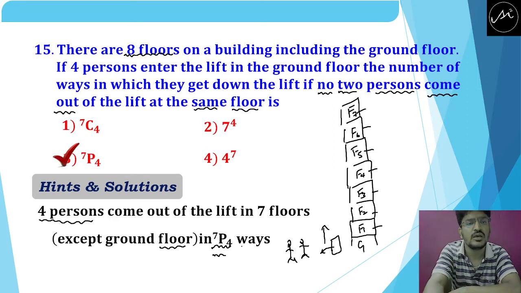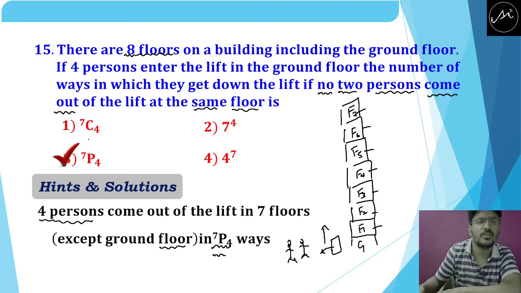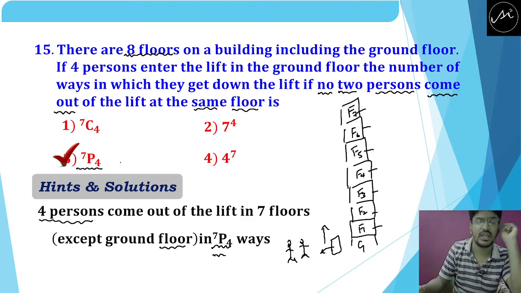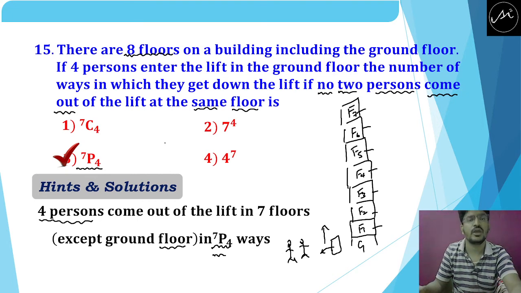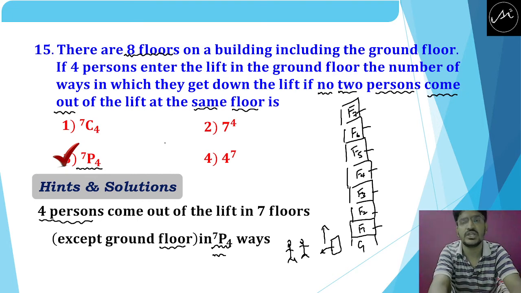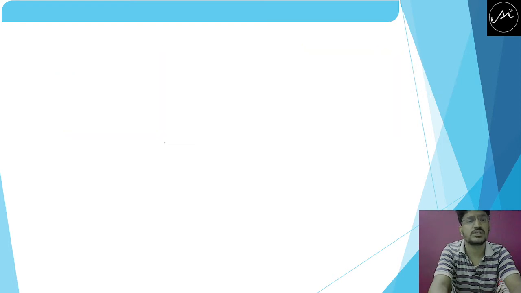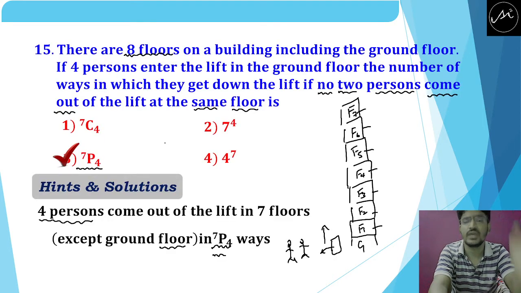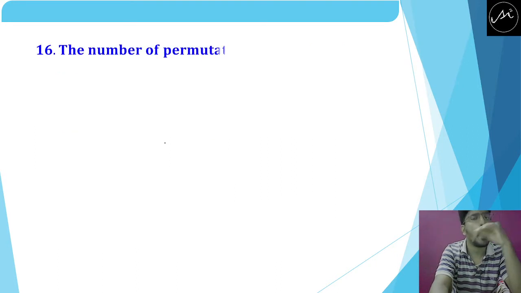Clear? So 7P4 will be the right answer. Very simple question, but you have to understand the question carefully and then solve. How much you understand the question, that much it is good to answer this type of questions. Now quickly we can move to the 16th problem.